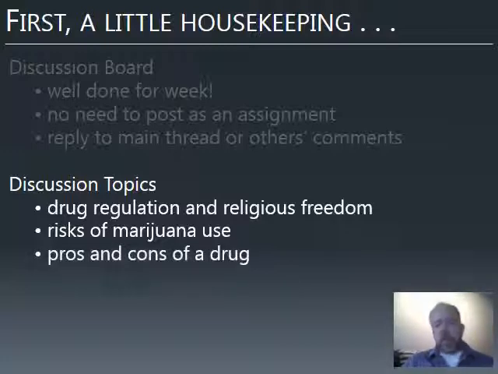And then the third discussion topic was about the pros and cons of drug use, of a drug. And again, here there were a couple of themes in the discussion. The question was, why do we tend to notice the positive qualities of a drug or the positive effects before the negative ones? And then there were a couple of main themes, and one of them was expectations, which we've already talked about in the last week.